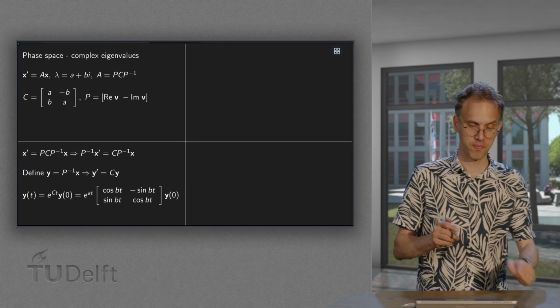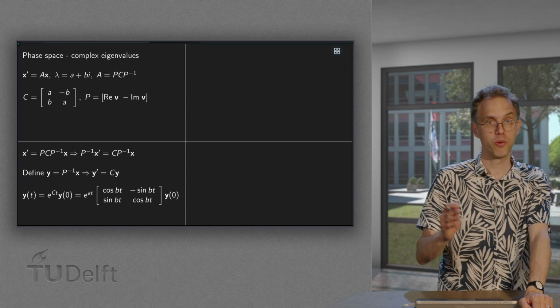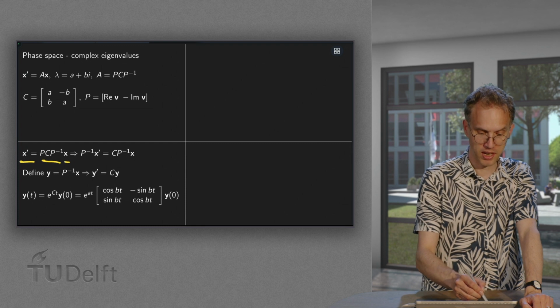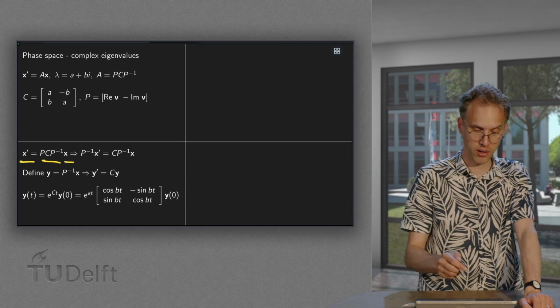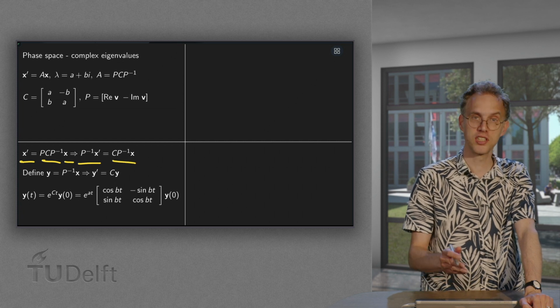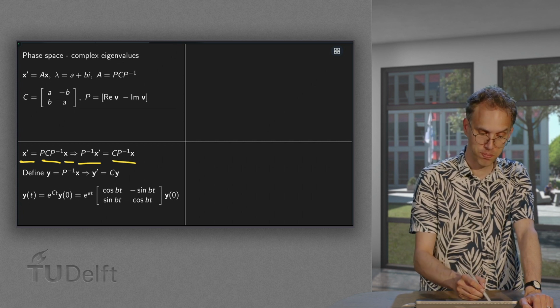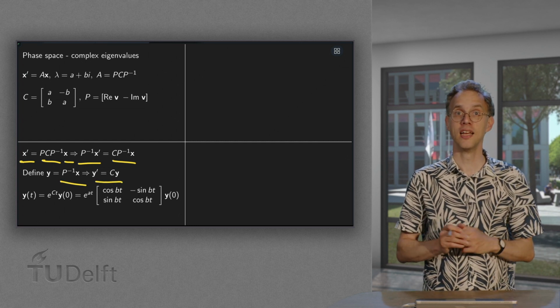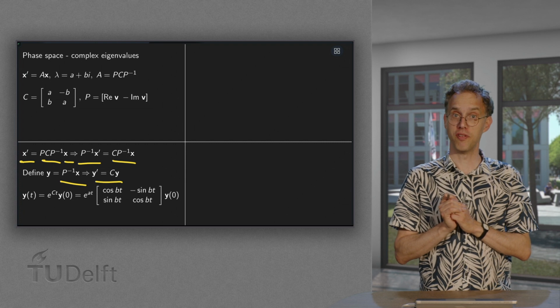First of all, we revert again to our y variable. So x prime equals A times x. Put the P inverse on the left, so we get P inverse times x prime equals C times P inverse times x. Again, choose y equals P inverse x, so we get y prime equals C times y. Okay, first we will do the y case.